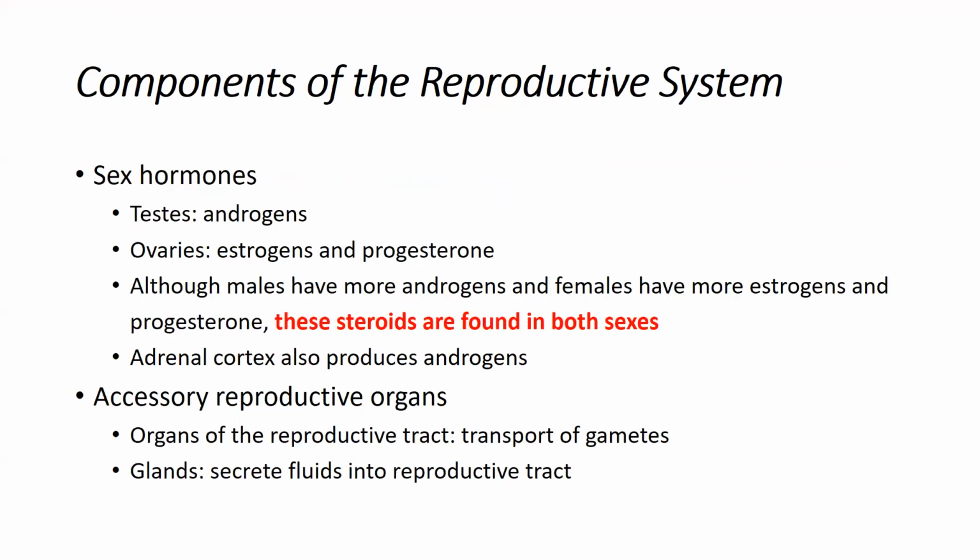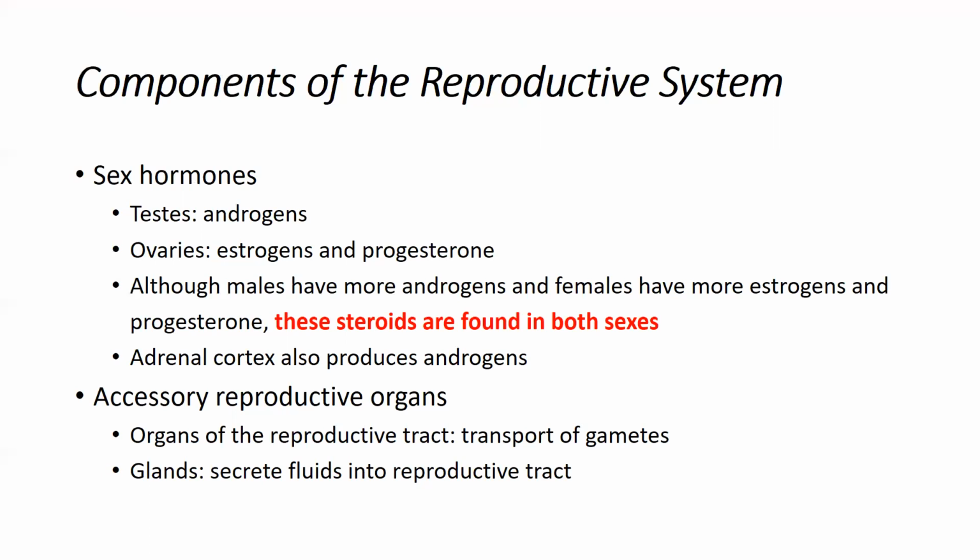Although females typically produce more estrogen and progesterone, males produce those hormones as well. Right, so what we want to understand is that all steroids are found in both sexes in different quantities. And there can be fluctuation of those quantities, right? There are some women who have androgen dominance, meaning that they have facial hair, the redistribution of fat, and that sort of thing. So you want to bear that in mind. The adrenal cortex also produces some of the androgens that are circulating throughout the body.